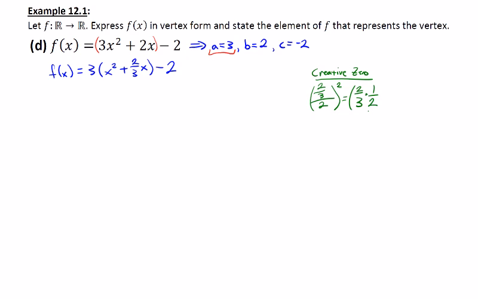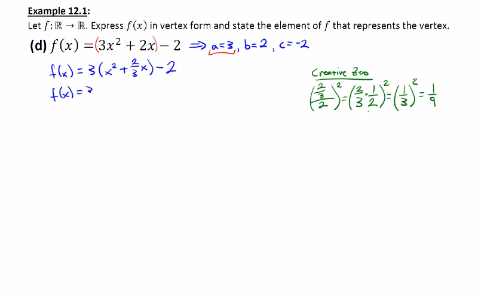So there's that nice trick there that we've seen before. So when I multiply 2/3 by 1/2, I'm going to end up getting 1/3, and then 1/3 squared is just going to be 1/9. So that becomes my create-a-zero value.